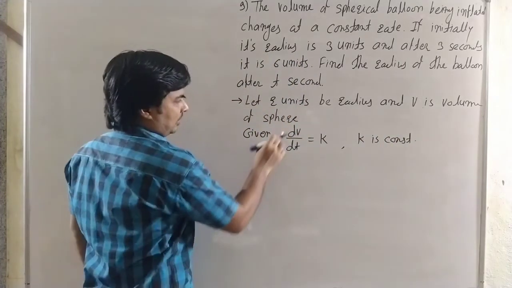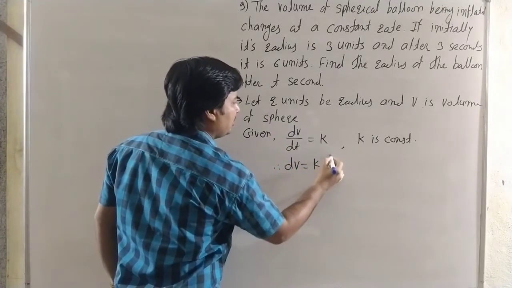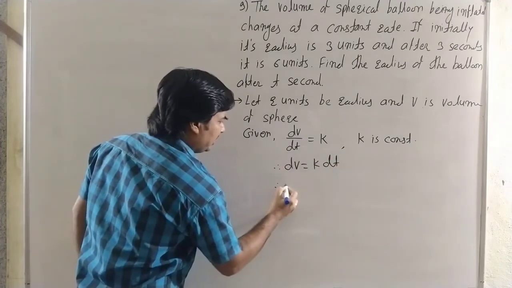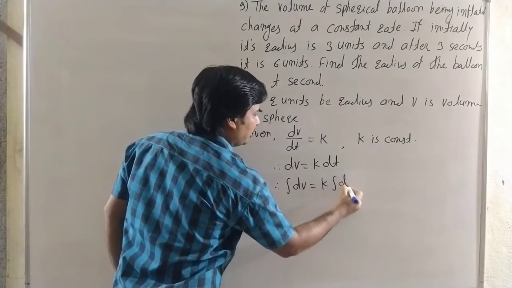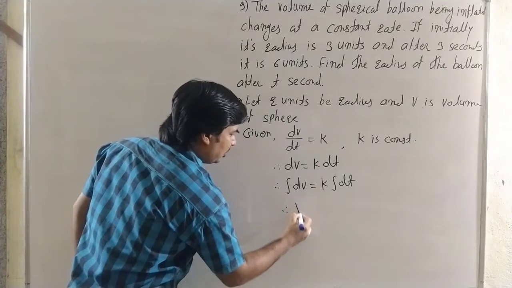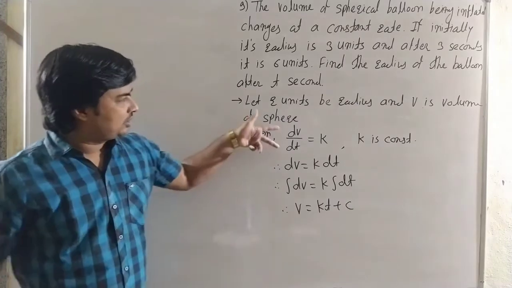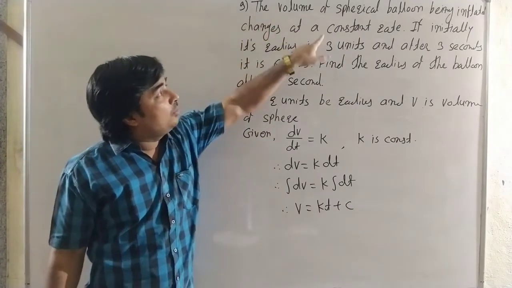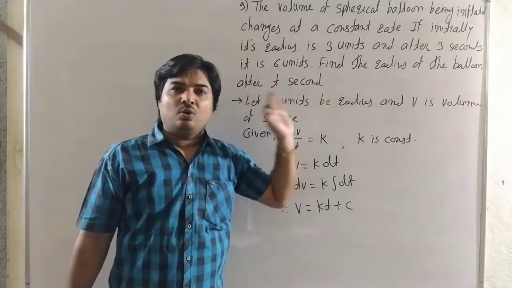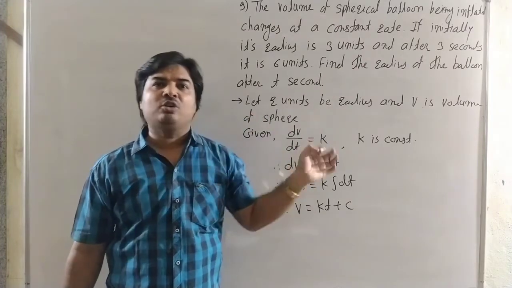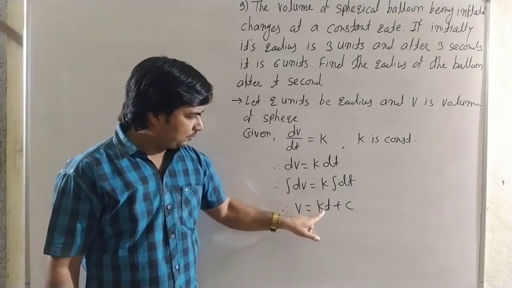Now it is a differential equation, so we can write dV is equal to k dt. Separating variables, then integrate. Integration of dV is equal to k times integration of dt, and then V is equal to kt plus c.